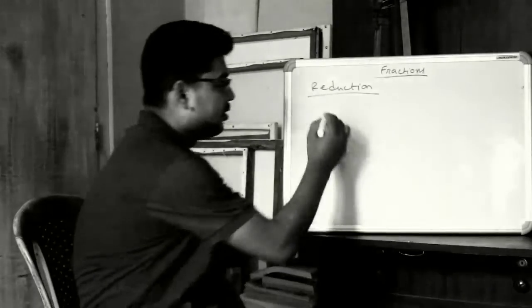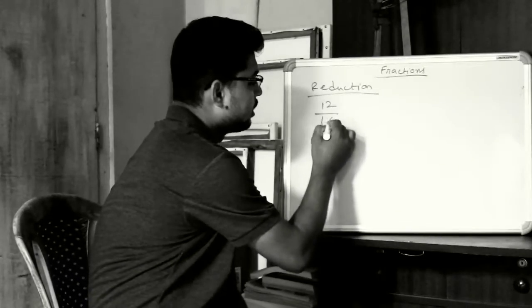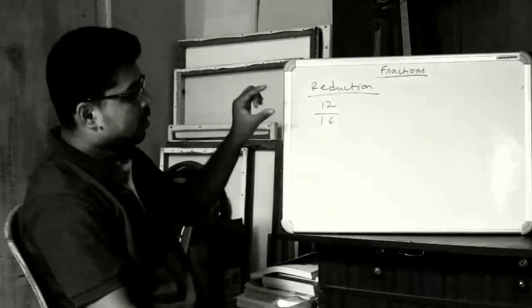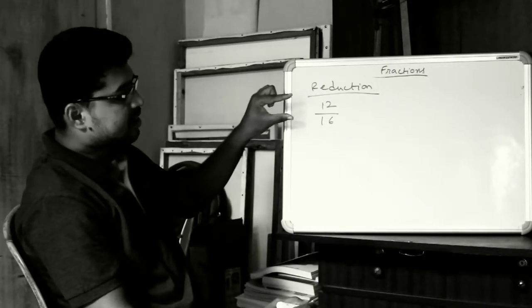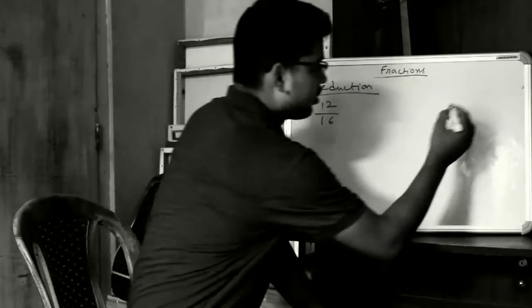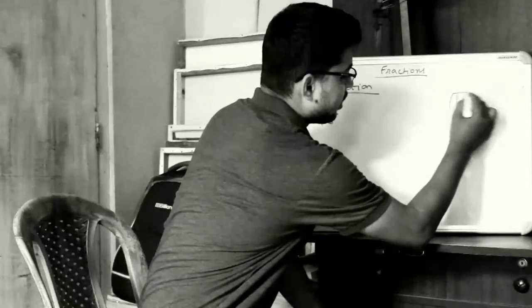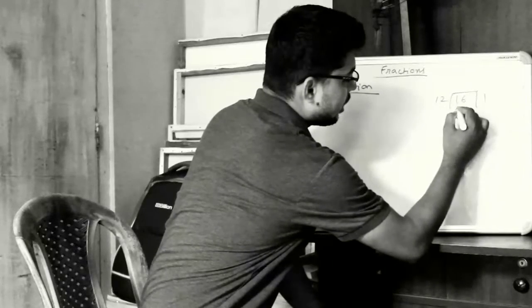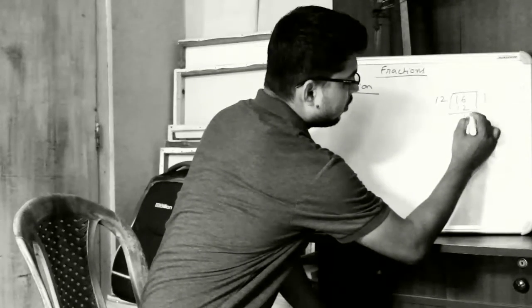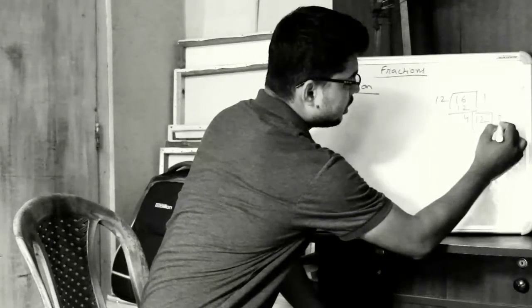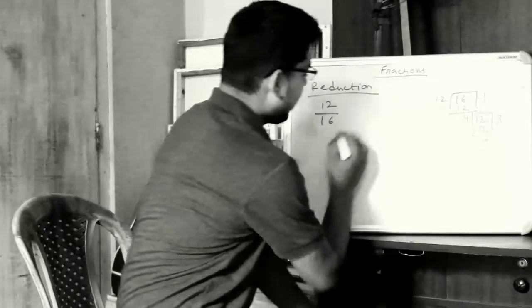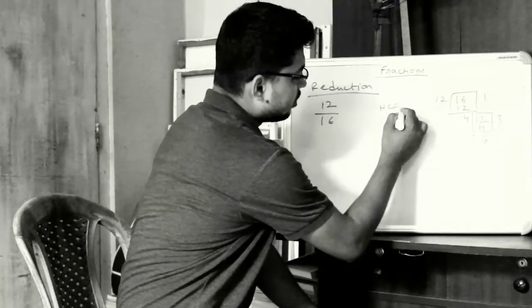Reduction of fractions. See, 12 and 16. First, we have to find the HCF of 12 and 16. So 16 divided by 12, we get 1 time 12, remainder 4. 12 divided by 4, 3 times 12, remainder 0. So the HCF is 4.